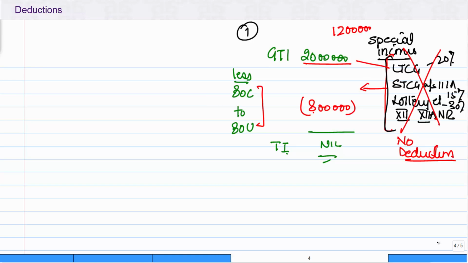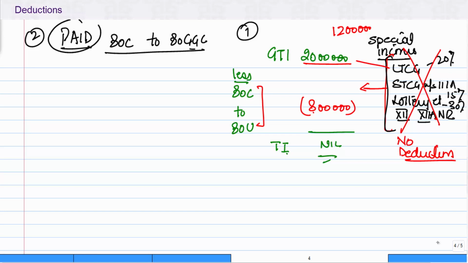Now, let's also go and check a few more conditions. One condition I said that you cannot get deductions from special incomes. Second condition, deductions are allowed on paid basis. We are looking at 80C to 80GGC, all allowed on paid basis. There is no due basis. Over the course of the Act, we learned under the head house property, interest is allowed on due basis.